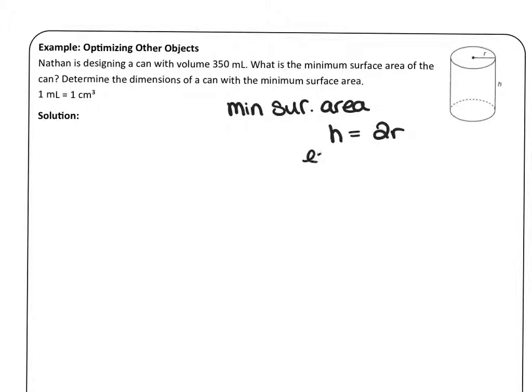So for example, if we had a height of 2 centimeters, then our radius would end up being 1.